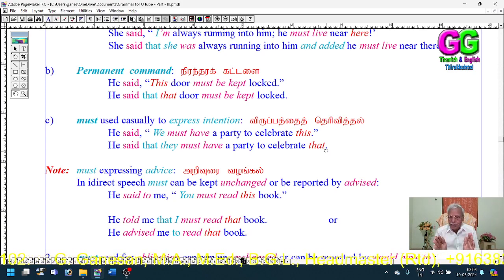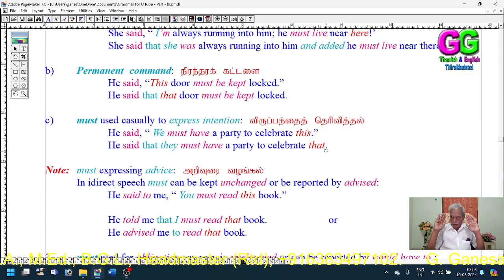He said, we must celebrate this. He said that they must celebrate.